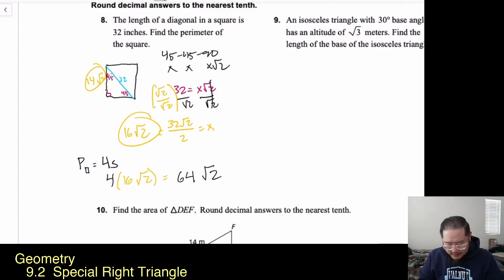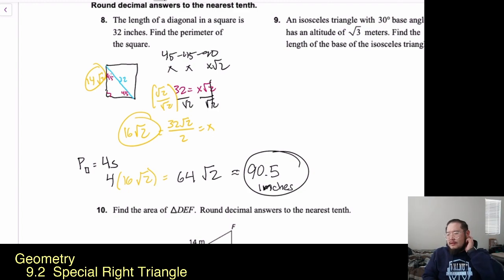And oftentimes, I like seeing answers in simplest radical form, partially because a lot of test questions later on will require you to do that. And so right here, it looks like we got ourselves 90.5, and then we talk about inches, and that is your perimeter.